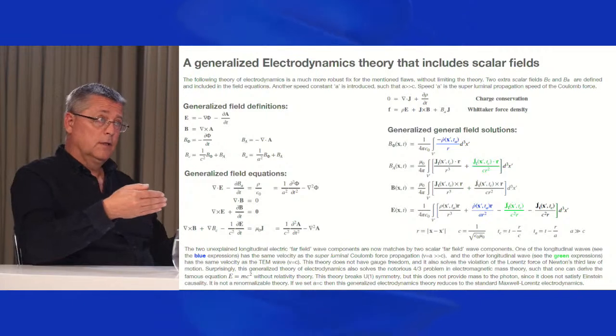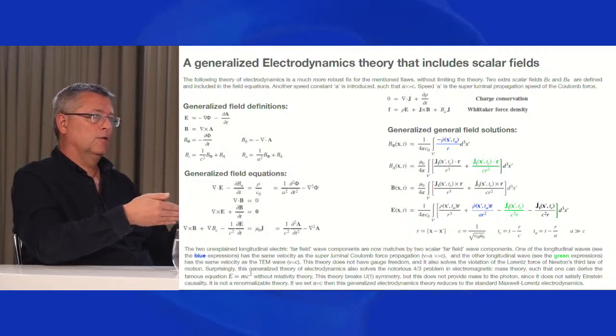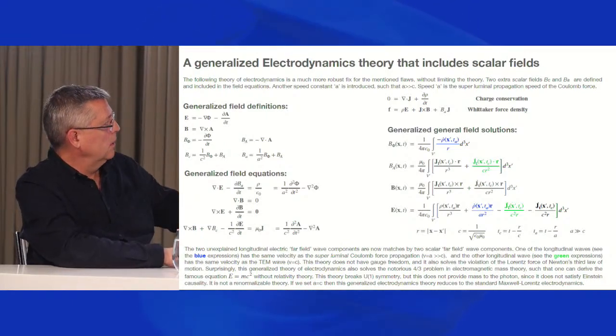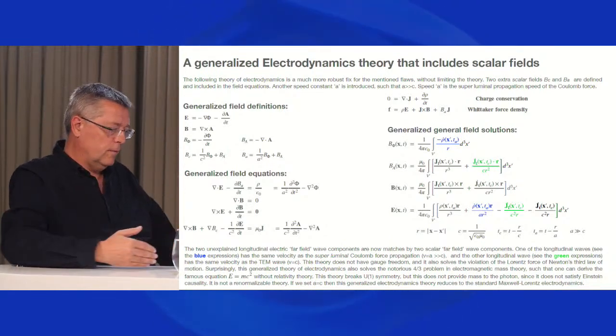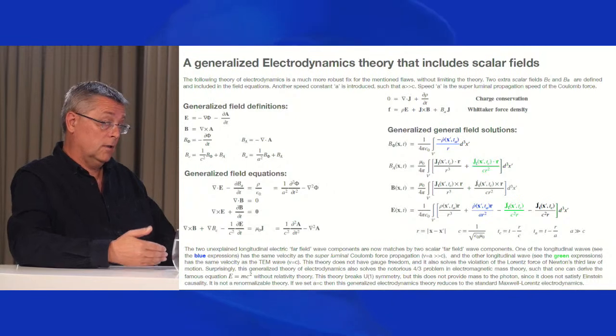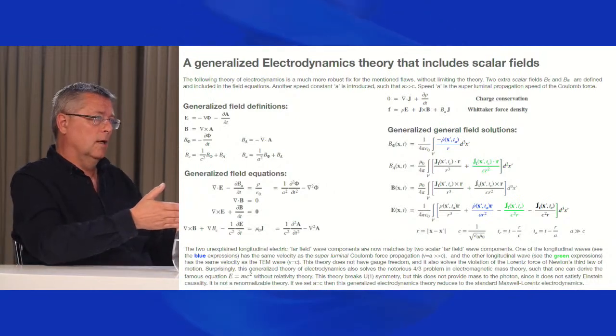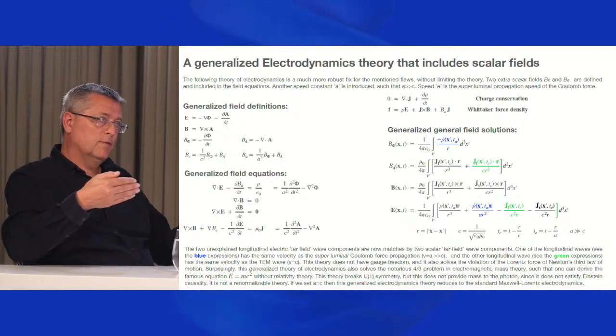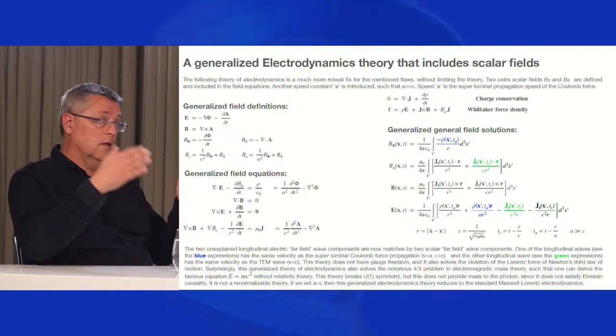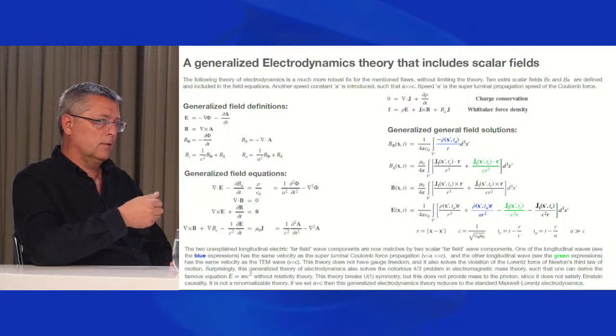And for that reason, they cannot cancel each other out. Because if you would make A equal to C, then you have two types of waves that have the same velocity. And now A becomes C. And then these waves cancel each other out and they disappear from the theory as well.